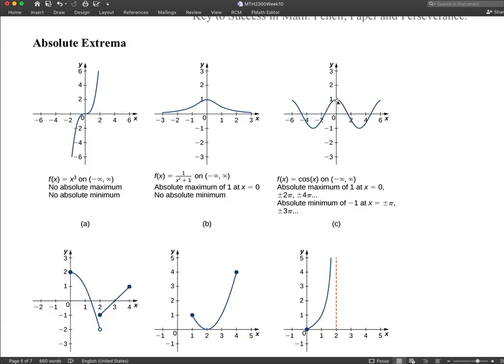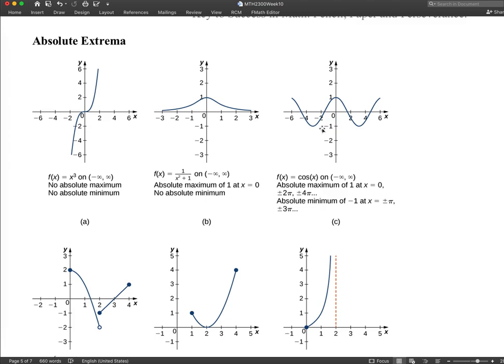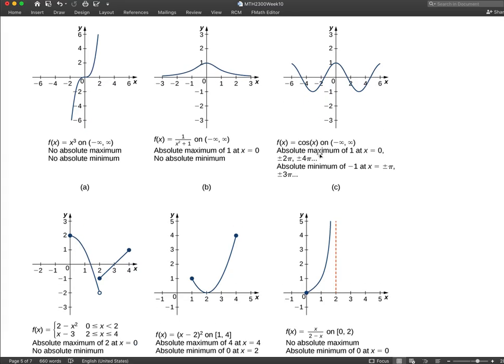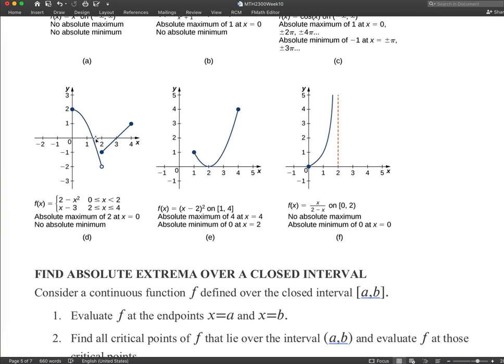Similarly, the same function has multiple points that hit the absolute minimum, here, there, and it can be extended in either direction. Multiple maximums, multiple minimums, absolute maximum, absolute minimum.